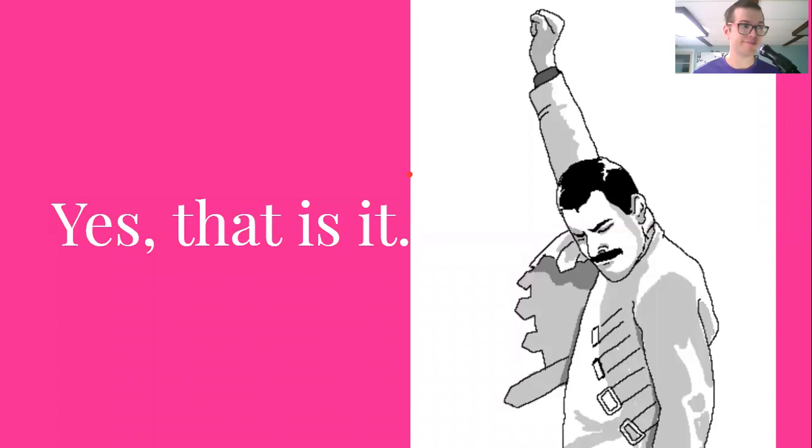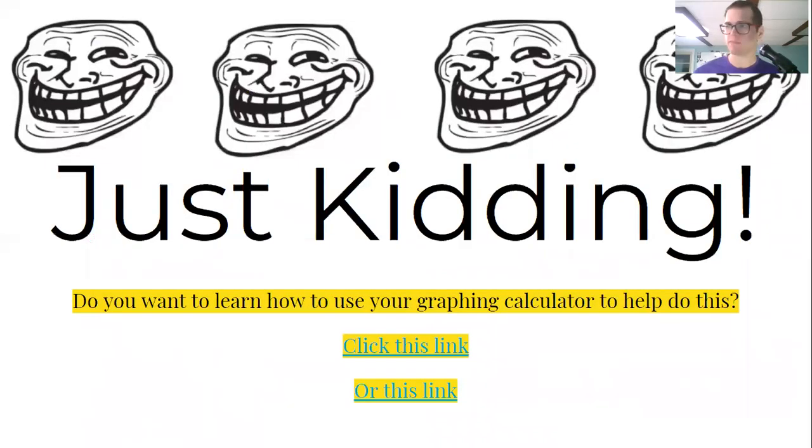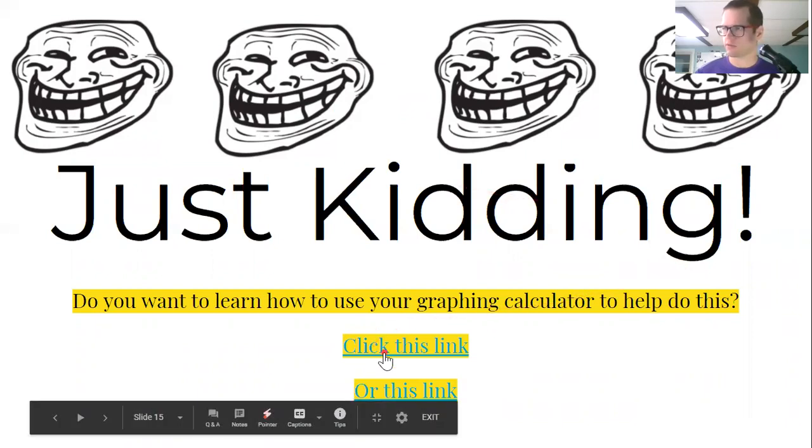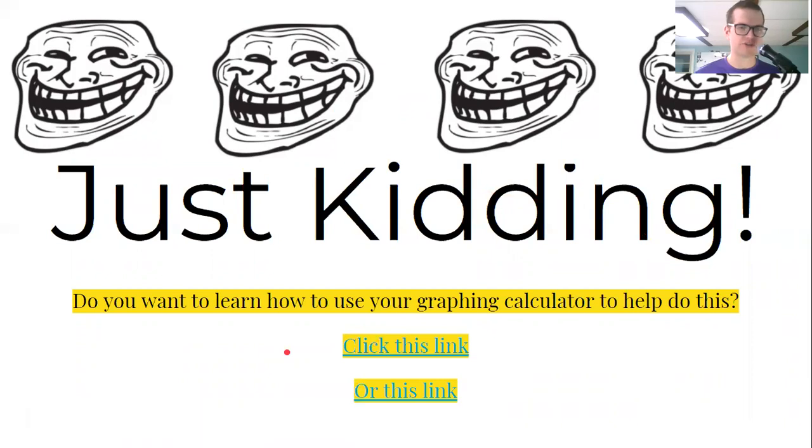That's it. Ish. So if you have your graphing calculator and you want to learn how to do more with it, there are 2 links for you. The first one is a link to the 4 things that you're allowed to not justify on the AP test using your graphing calculator. I don't know if the test is going to be all digital this year, or online, or in person.